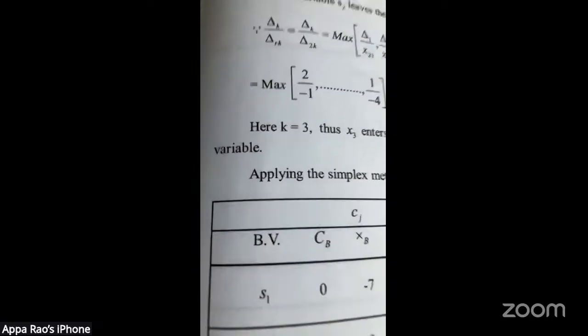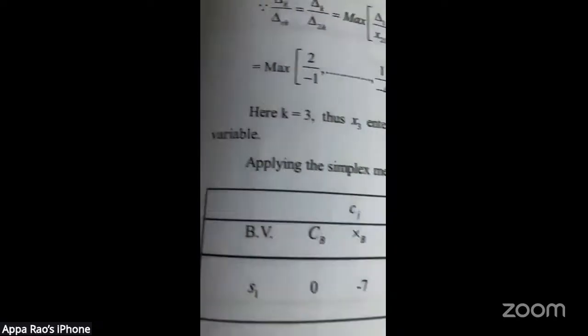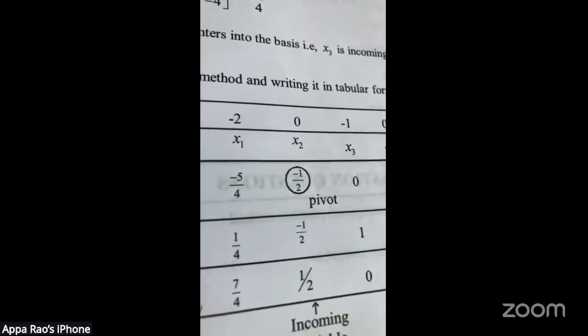So max of 2 by minus 1, 1 by minus 4, that equal to minus 1 by 4. Here k equal to 3. Thus x3 enters into the basis. x3 is the incoming variable and s2 is the outgoing variable.